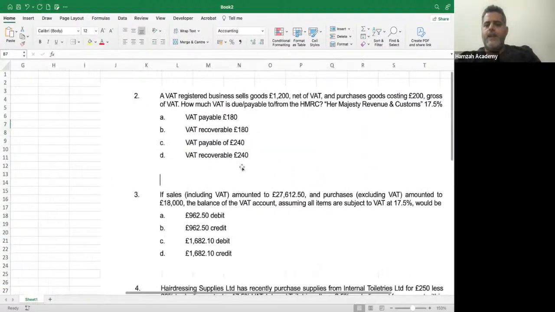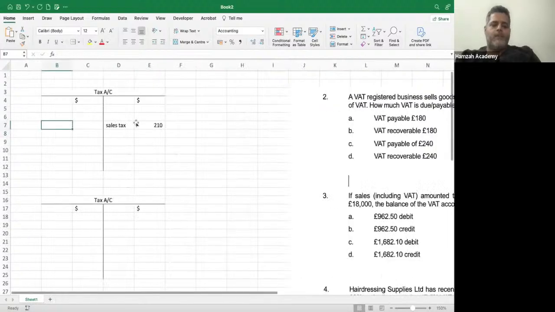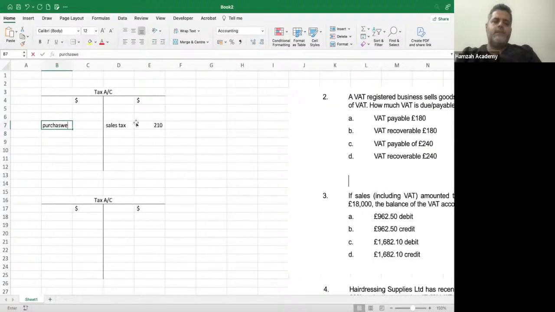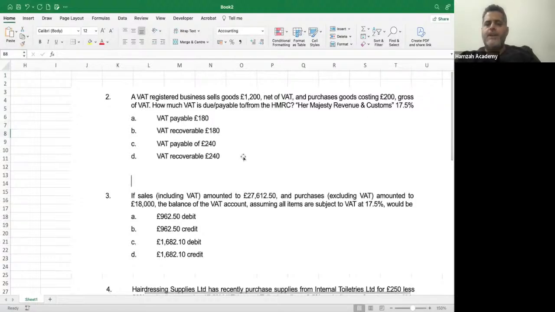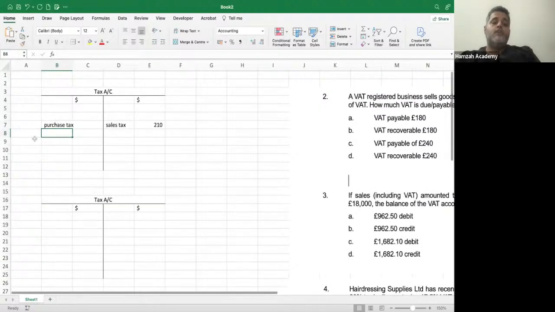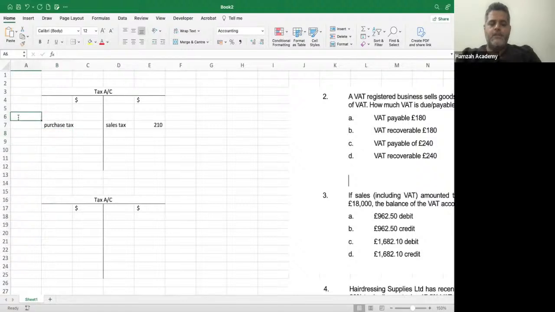And then purchase goods costing 200 gross of VAT. So the purchase tax is over here, and that is 200 gross of VAT. Gross of VAT means the tax is already included in this. So 200 by 117.5 into 17.5 is how we get the tax on the purchase, right?